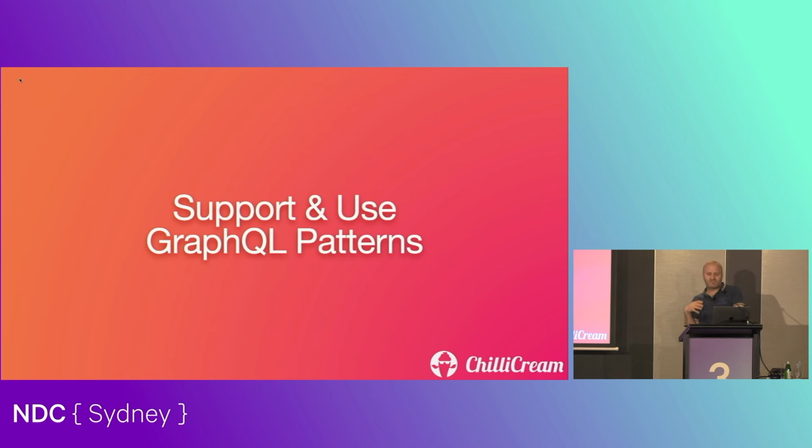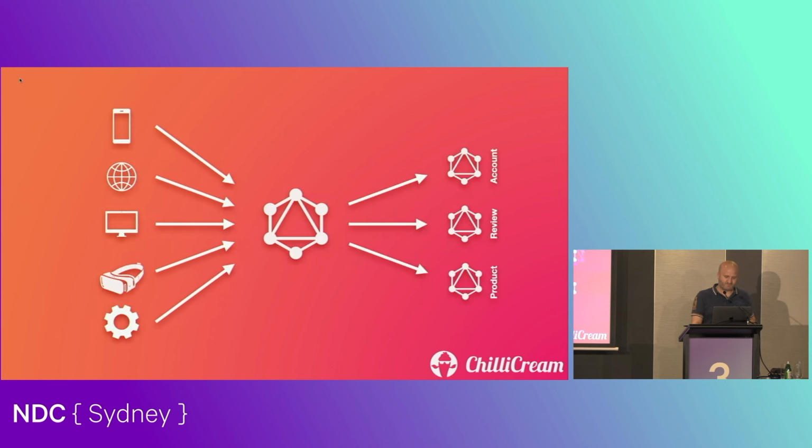And we also want to support and use all the GraphQL patterns. What are GraphQL patterns? Typically, we refer to the enterprise GraphQL patterns like the Relay server patterns, like the node pattern, or the cursor-based pagination patterns and whatnot.